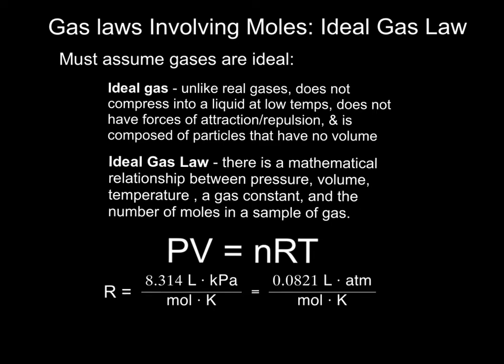The first R value is 8.314 liters times kilopascals over moles times Kelvin. This one involves the Pascal. So if the problem is involving pressure units of kilopascals or pascals, you're going to want to convert that pressure unit of Pascal to kilopascals and then use this R value.